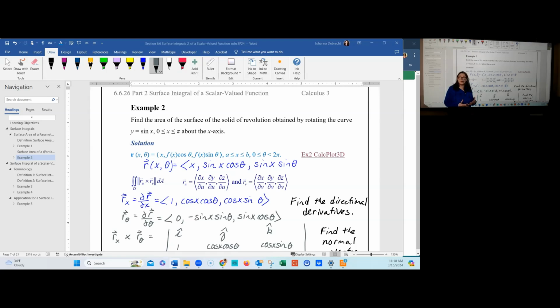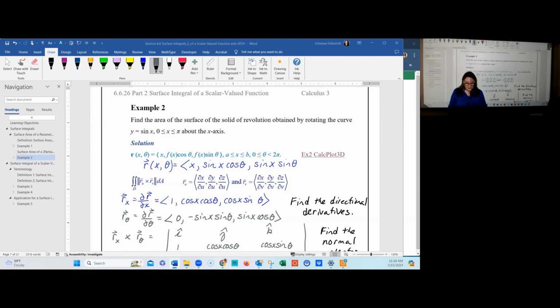So let's go through the basics of finding the surface area of this solid of revolution. We rotated the curve sine of x about the x-axis, fully revolved it, so theta from 0 to 2 pi, x varying from 0 to pi.